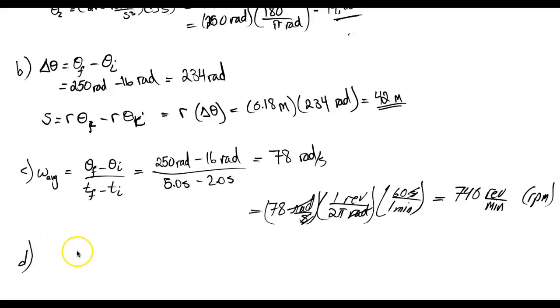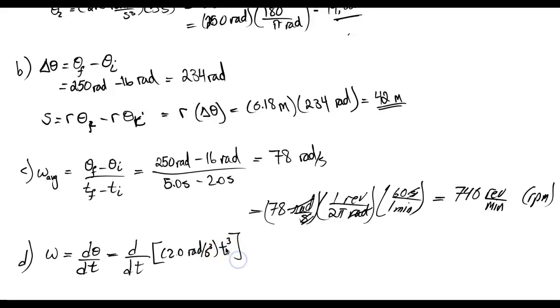The next part asks for instantaneous angular velocity, and that, from what we know before, is the derivative of the displacement. So this is going to give us the derivative of the theta function, which is 2.0 radians per second cubed times t cubed.